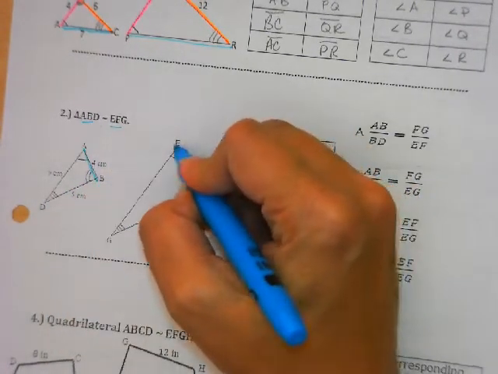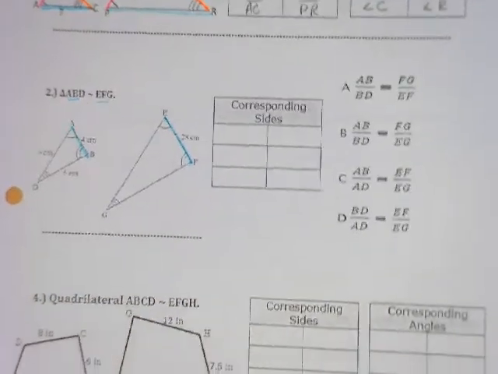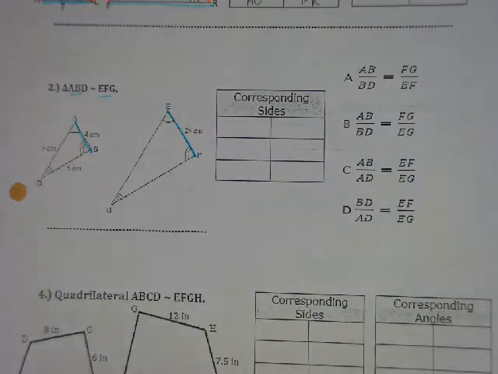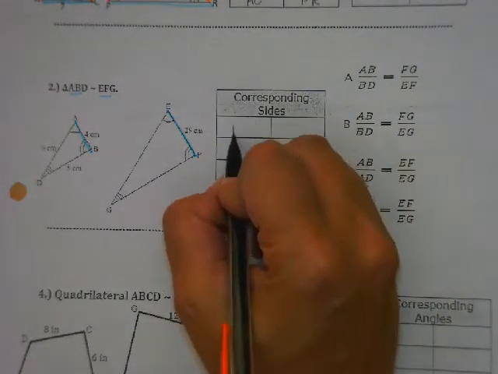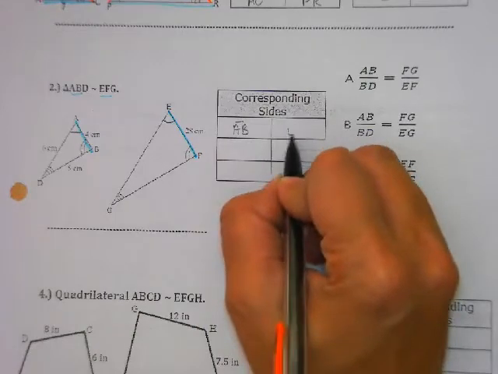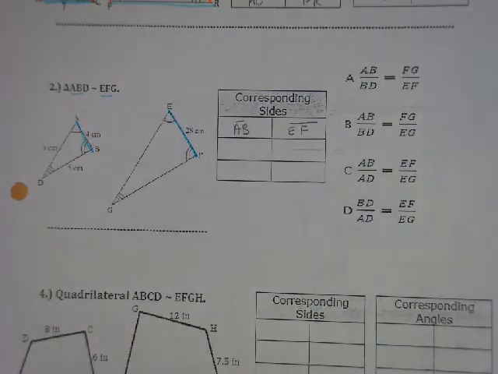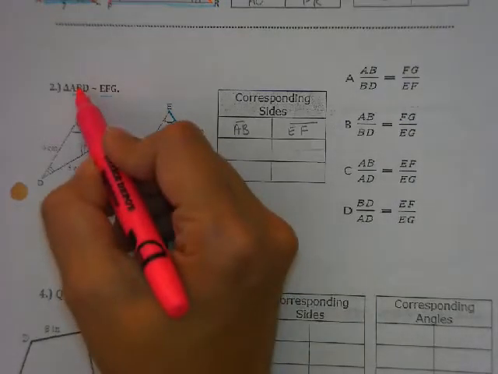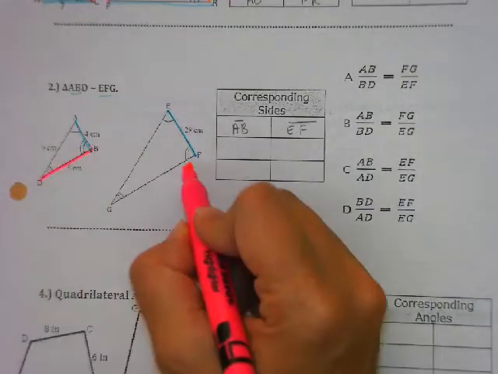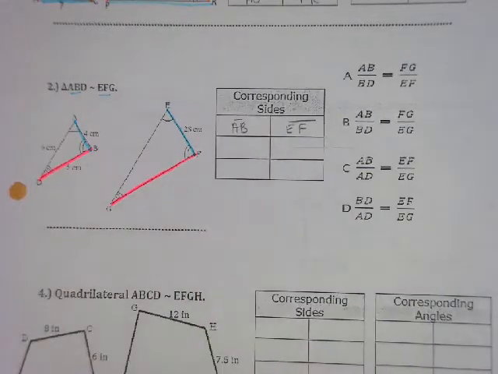Here's AB, here's EF, and these are easy because they are in fact the same orientation, meaning they are facing the same way. But when they rotate, like on the next one, we'll definitely be looking at these letters. So BD and FG.